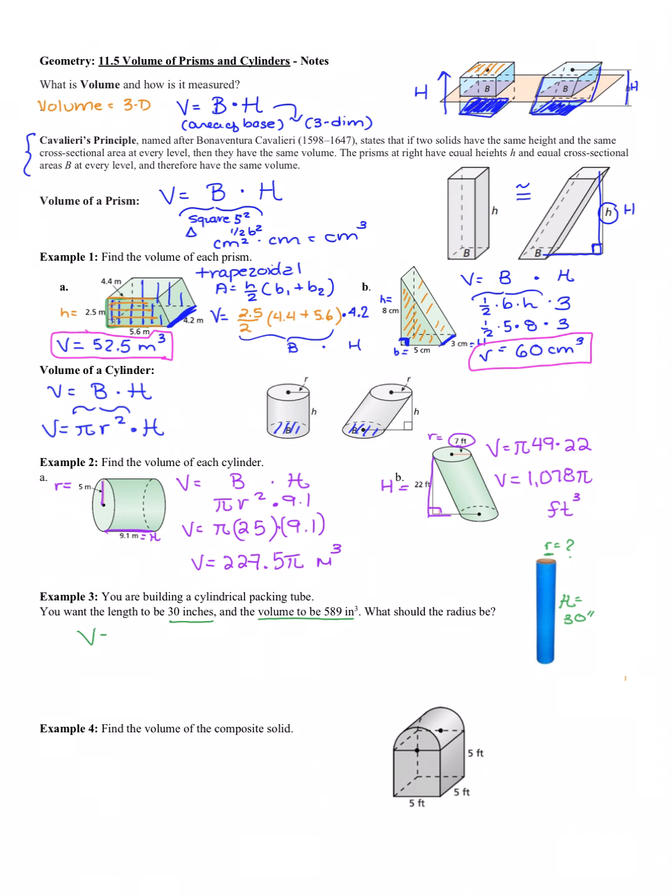So what I'm going to do is write down the relationship. The volume of a cylinder is pi r squared times that 3-dimensional height. Let's fill in what we know. We know the volume is 589. Pi is still going to be pi. The radius is what we're trying to solve for, and we know the overall height is 30 inches.